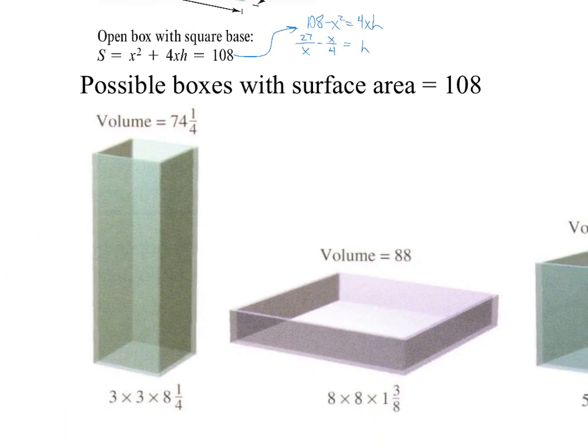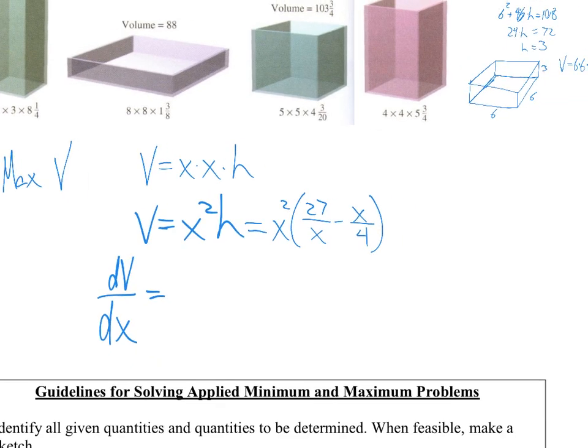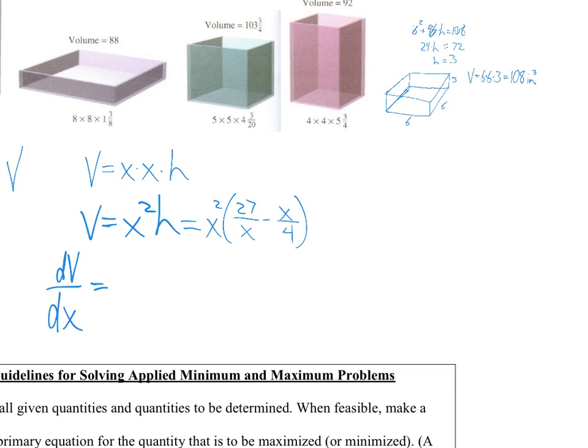And now I can plug that in: x squared times 27 over x minus x over 4. If I distribute that, it's actually really easy to take the derivative of. Notice before I just had a formula for V, now I actually have a function V of x. I have it in terms of one variable.